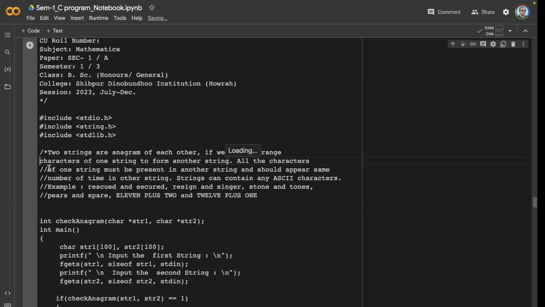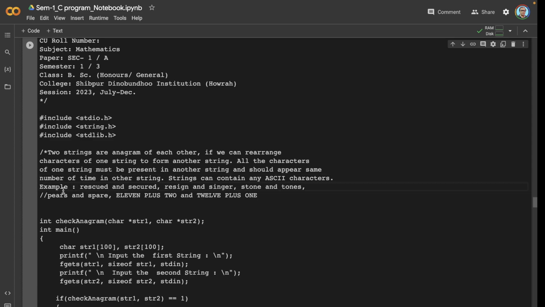All the characters of one string must be present in the other string and should appear the same number of times. Strings can contain any ASCII character.